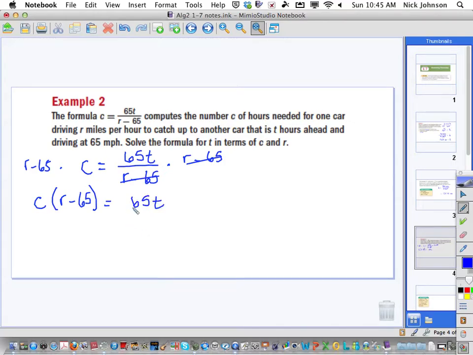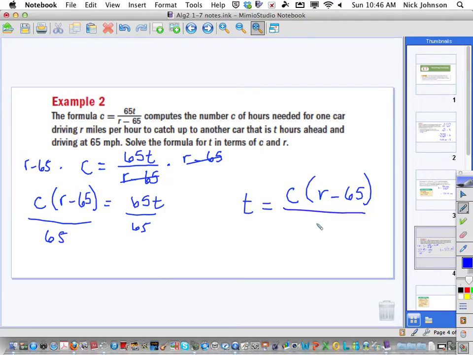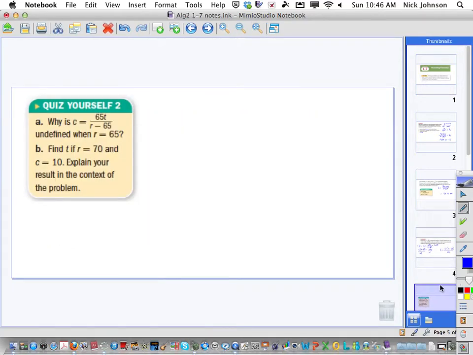And I still have to get T by itself, so I have to divide by 65. So my formula in terms of C and R is T equals C times the quantity R minus 65, divided by 65. This is T in terms of C and R. See how they say that? You solve for T in terms of C and R, because we don't know what they are yet. Those are still variables as well.